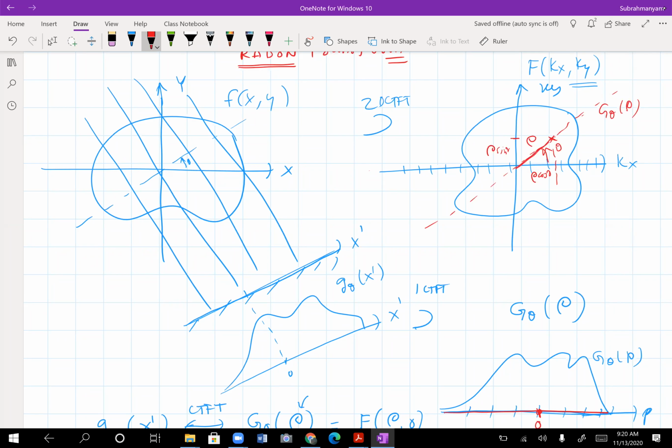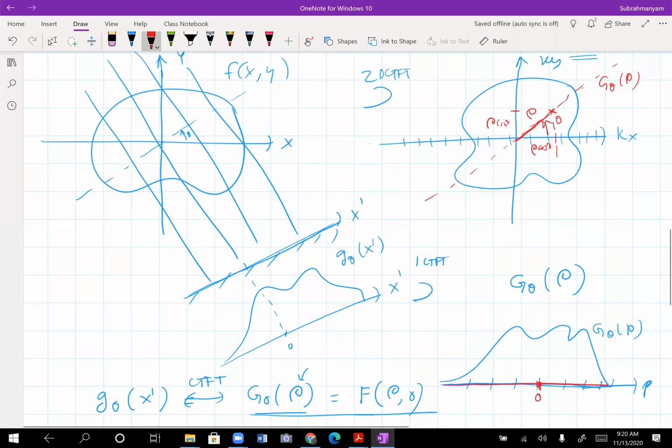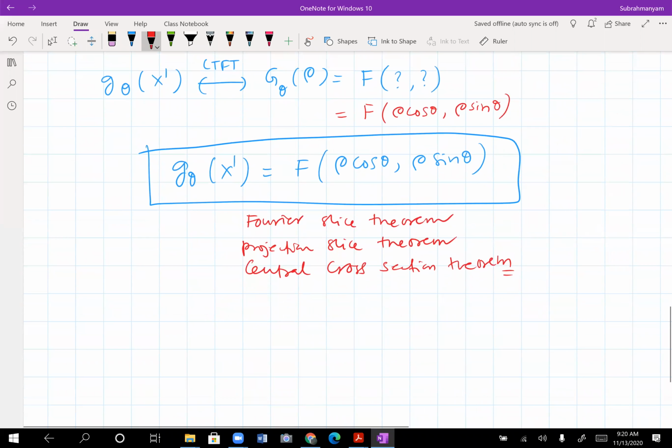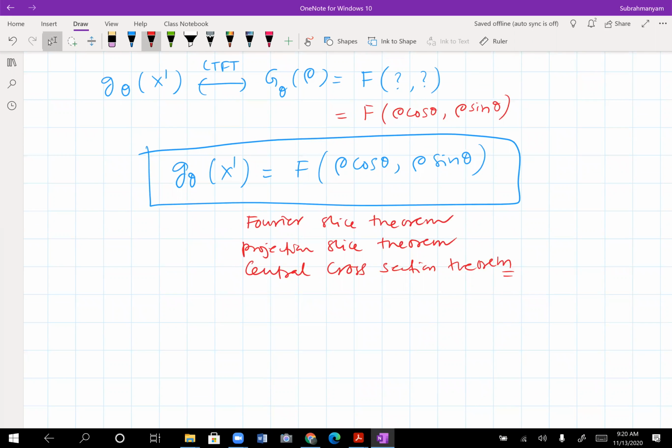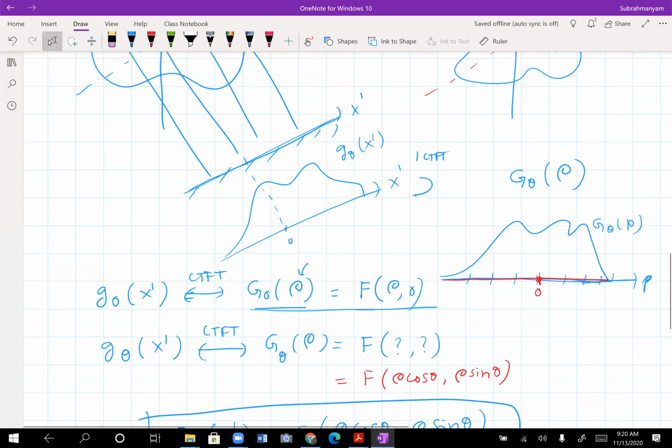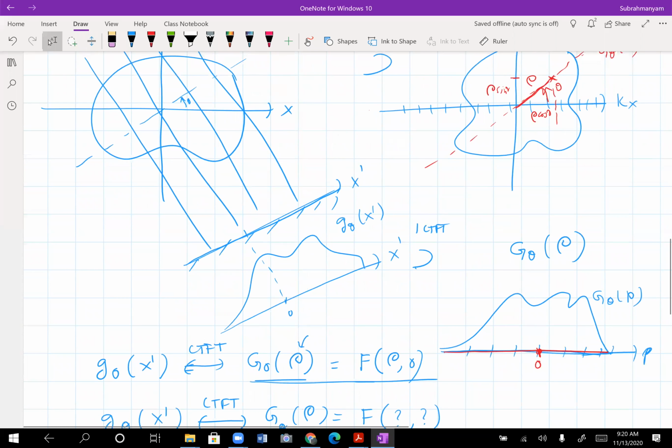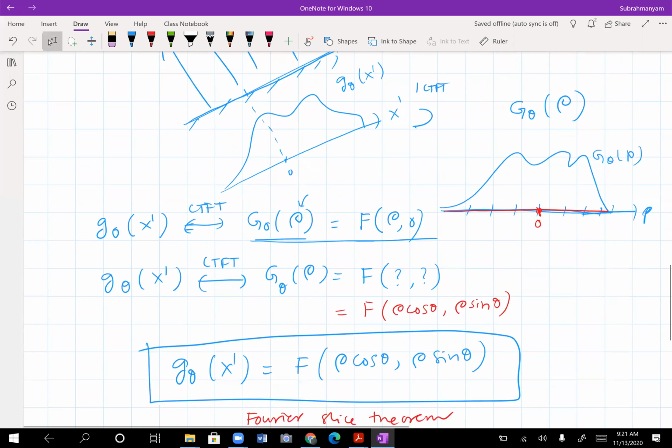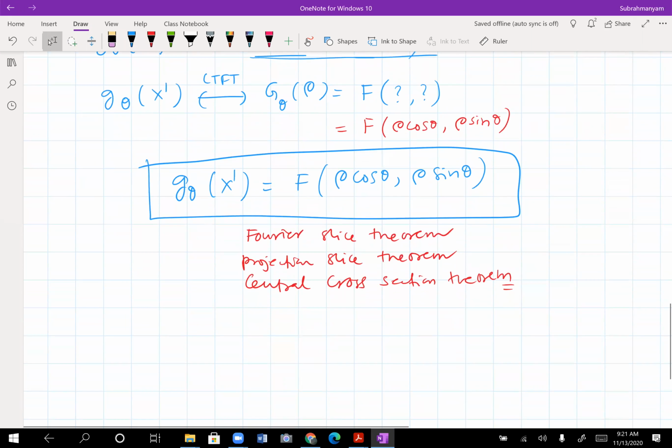So taking a projection at a different angle is equivalent to taking a parallel projection but rotating the object in the opposite direction. That's how we proved it. But it would be good to flex your math muscles by doing a rigorous proof as well. Just follow with me, work it out in your notebooks. If this gets clear to you, most of the things would become quite comfortable.